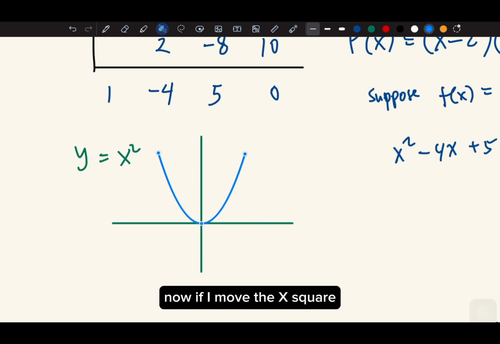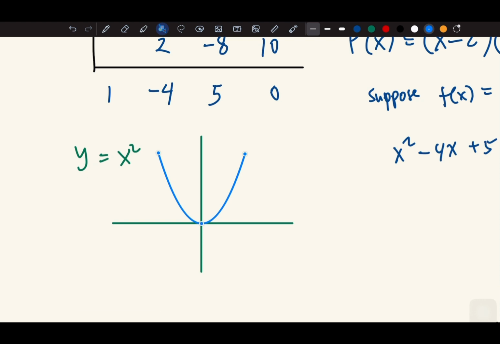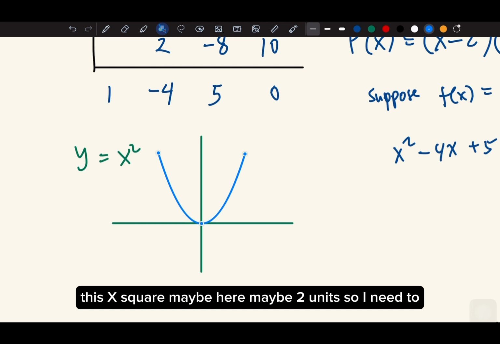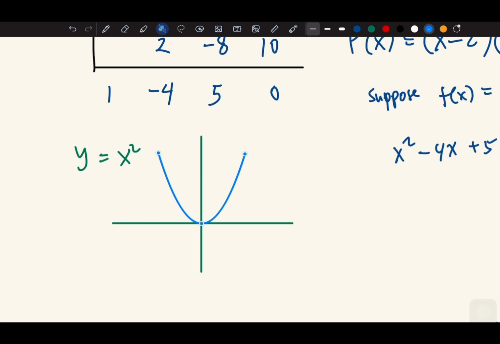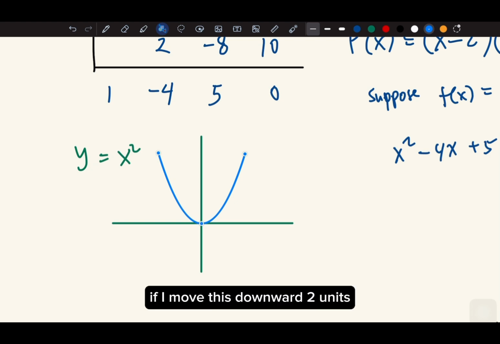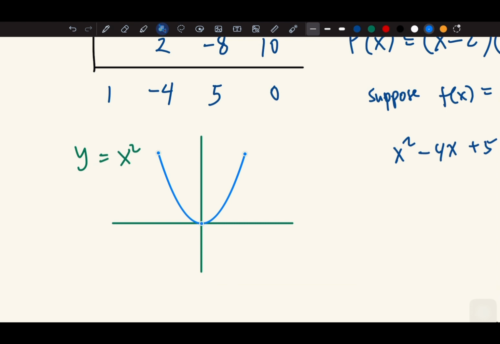Now, if I move this x squared downward 2 units, the new function will be x squared minus 2.